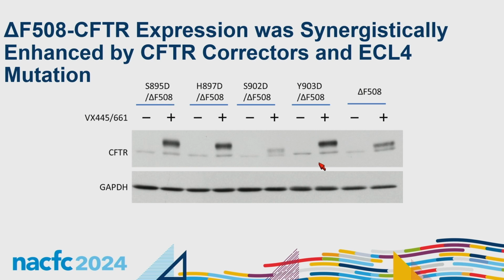You can see that in the absence of the CFTR modulator, the level is going up compared to without the mutation. And this phenomenon is more obvious when we treat them with CFTR modulators. This is really mimicking the effect of knocking down DNAJB9.